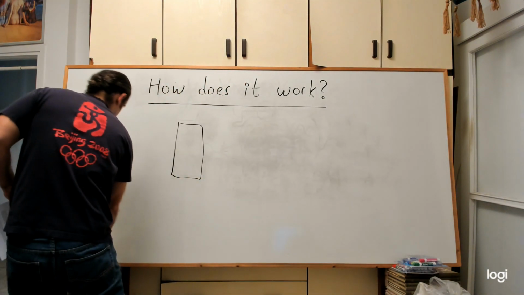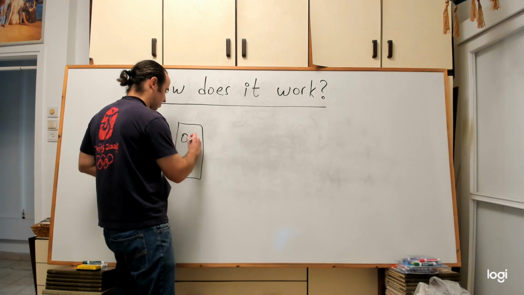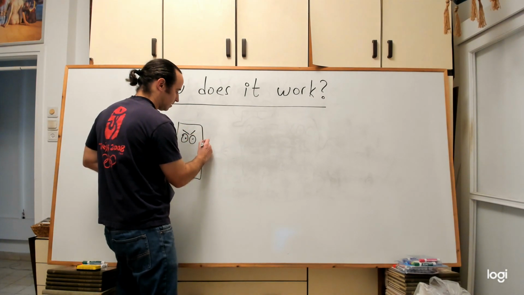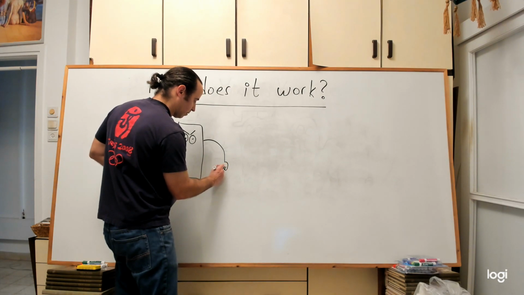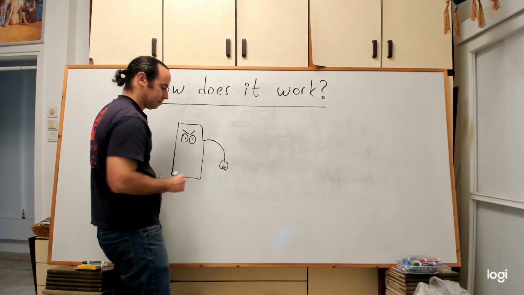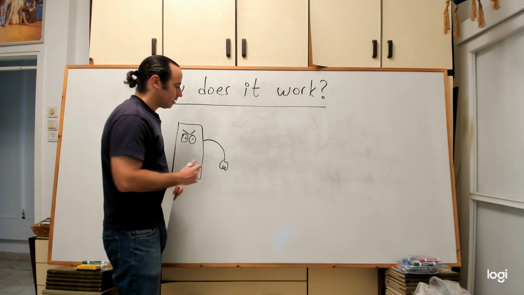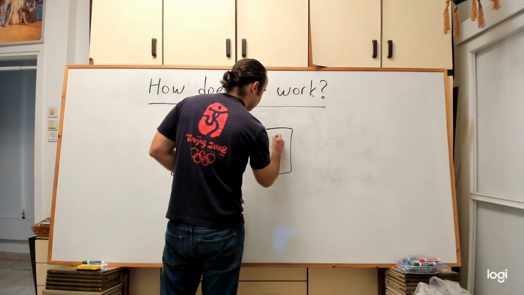If the bad virus is a rectangle, and this is the bad virus, and it has some hand that can operate this repeat button, then the good virus is exactly the same but without the hand.